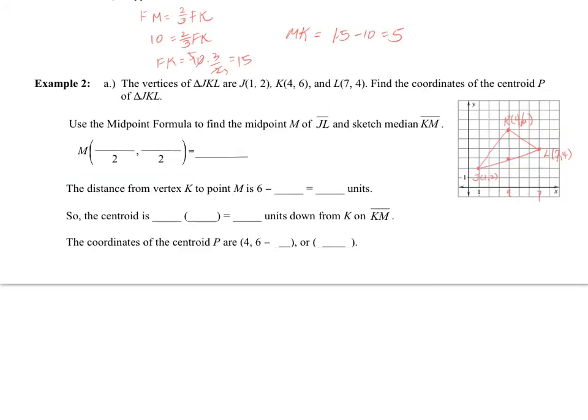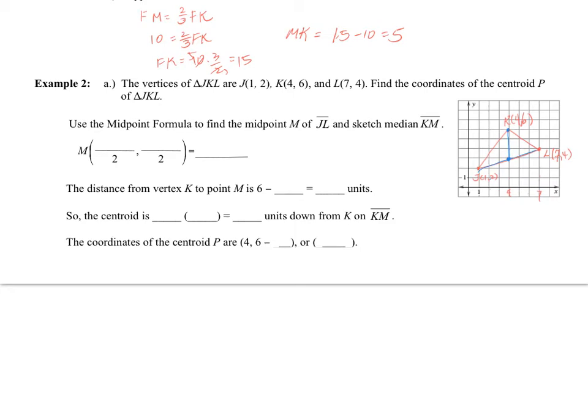Example 2, Part A. The vertices of the triangle JKL are given to you. Now I plotted the points and connected the points together to form the triangle. Now we need to find the centroid P for this triangle. Now I'm going to use vertex K as my starting point here. Now if I draw the median down, I need to make sure what the point here is by finding the midpoint of JL.